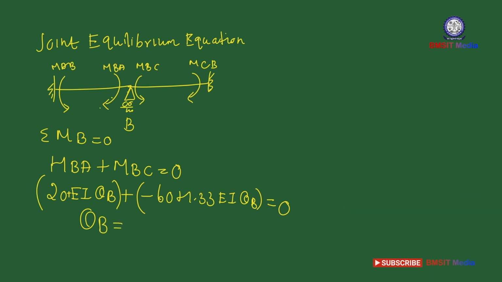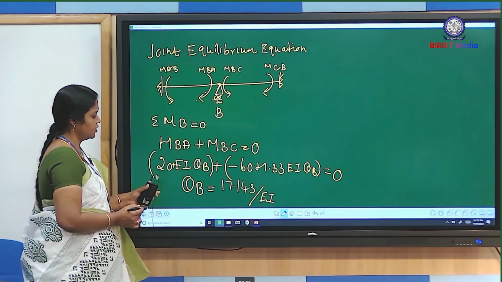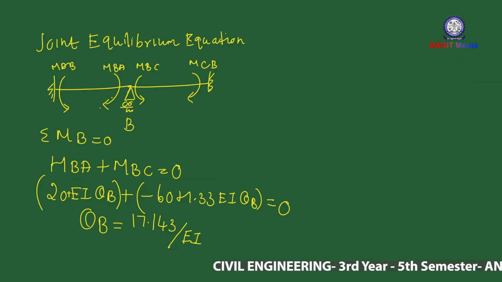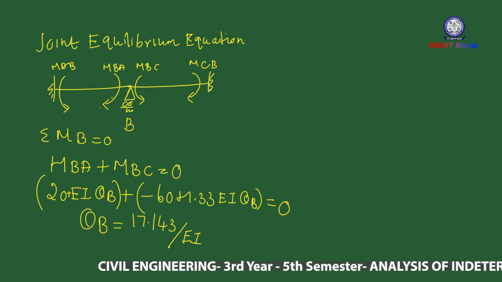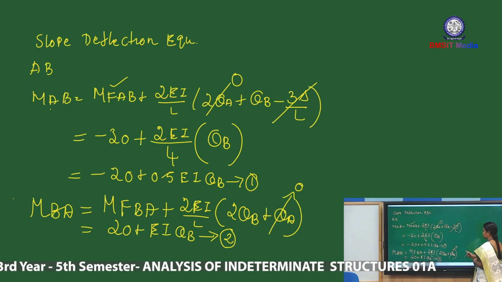If you simplify this, finally we can get the answer: theta B equals 17.143 divided by EI. This is the value of theta B. After finding theta B equal to 17.143, we have to substitute in equations 1 to 4. See here, this is equation number 1.